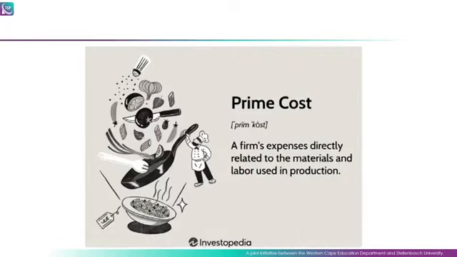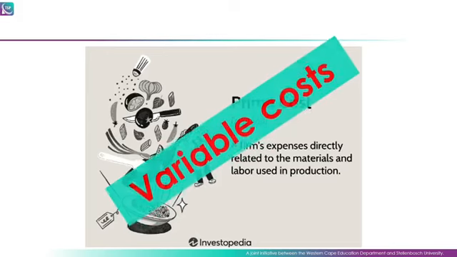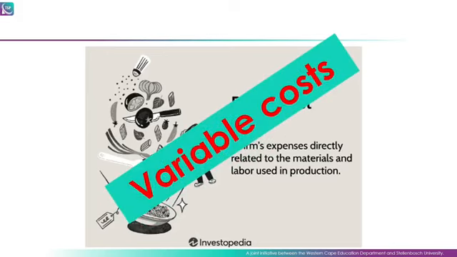Right, so those two costs, direct material and direct labor, are what we consider prime costs, which is the firm's expenses directly related to the materials and the labor used. So that is prime costs, which is a variable cost, and it will come up later.